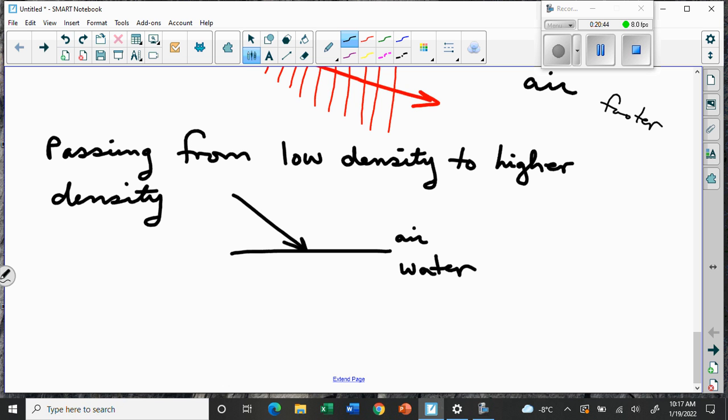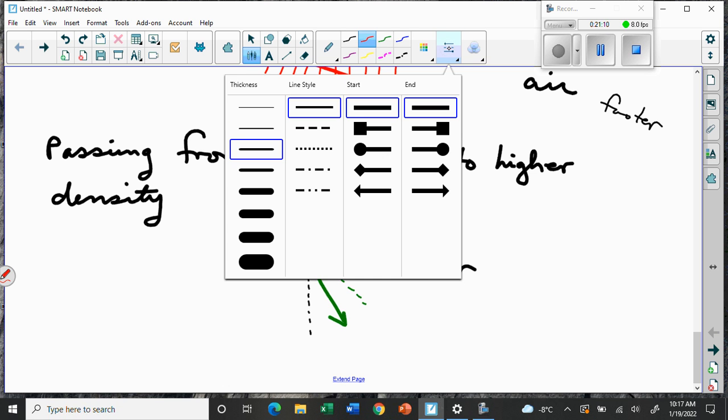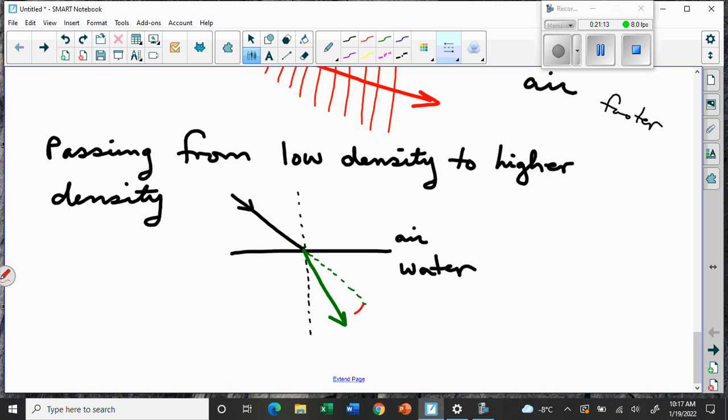Let me just draw it again. There's my light ray coming in. I'm going to put the arrow up here. I'm going to draw the normal line, because remember how we always use that normal line, the perpendicular line to the boundary. What happens is you bend in a way that you go closer to the normal. Here's the line that you were on. That's the way you were going before. But you'll notice what's happened is the green line has been bent this way towards the normal.